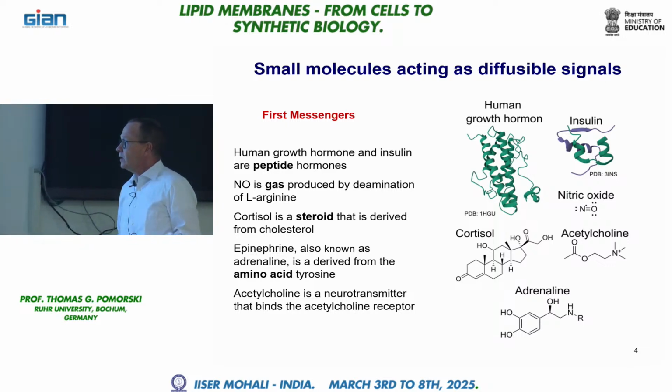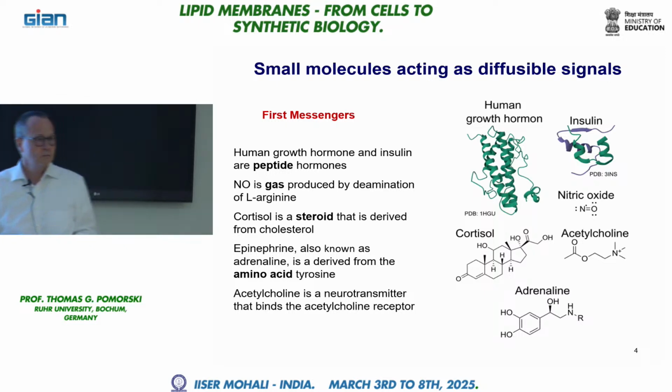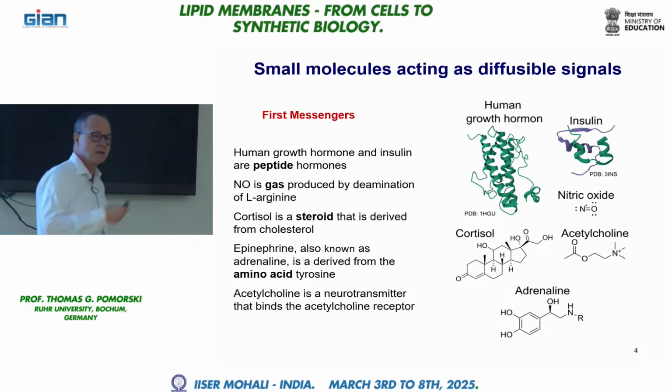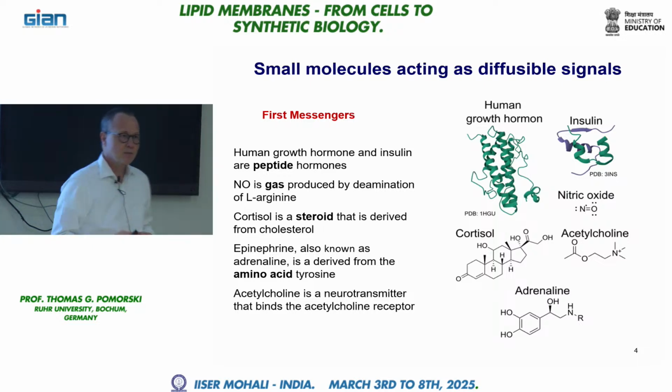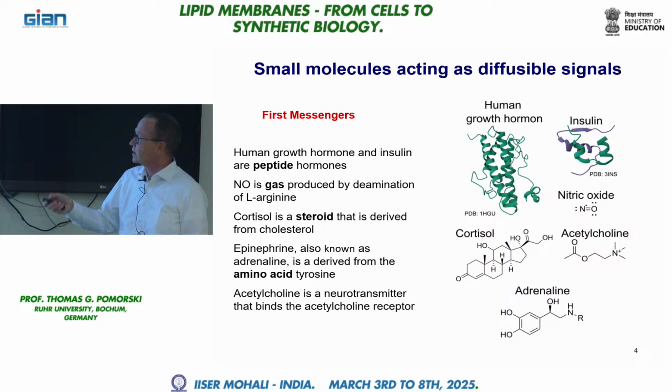First of all, cells talk with the help of molecules that are released or accepted by them. And you see here the diversity of molecules that can serve as signals. In our body, growth hormones or insulin. You know that insulin is an important factor in our body for the regulation of the blood sugar level. Insulin triggers the uptake of glucose from the blood into each of our cells.